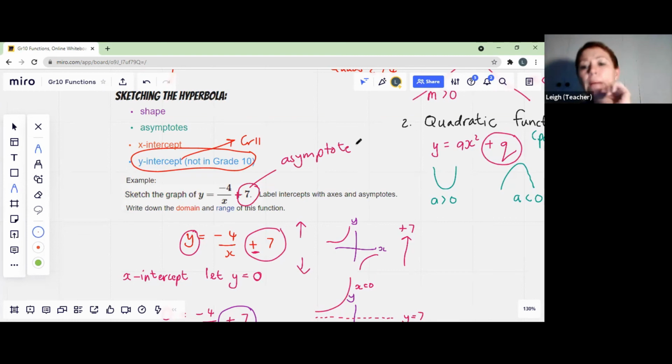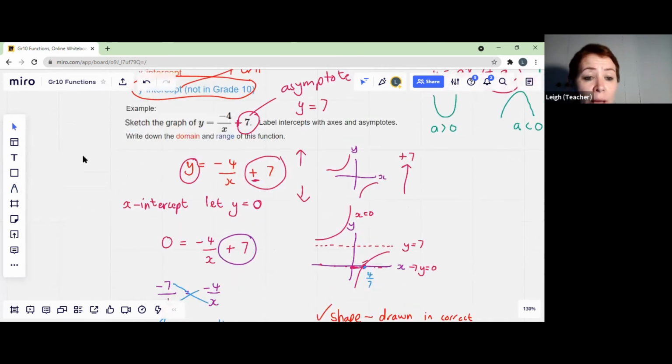When a number was on its own in the quadratic function and in the linear function, it meant something different. In the hyperbola, the number on its own is your asymptote. In other words, the line y equals 7 is the horizontal asymptote, an imaginary line.